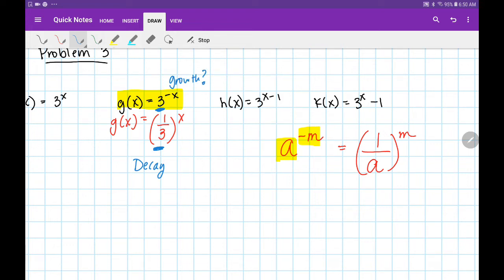But it's not because of this negative exponent. So you have to take care of that exponent and then flip the base. We find out it's decay. By the way, we also know that this is regular and that the horizontal asymptote's at y equals, look at the number at the end, there's nothing being added, so it's y equals 0. So you're going to choose the graph that looks like this.